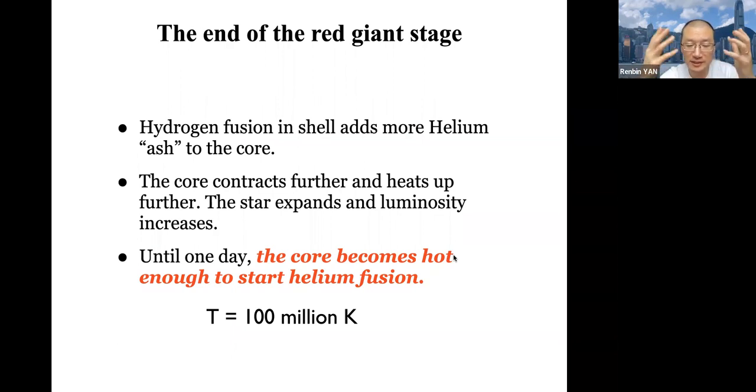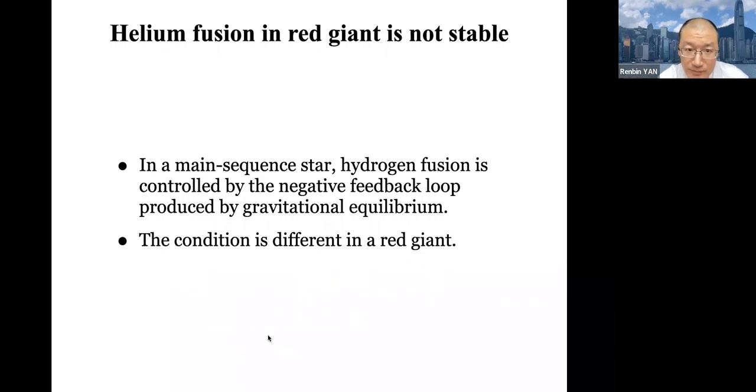And it causes the star to expand and luminosity increases, as we have talked about already, and goes up that track until the point when the core becomes hot enough to start helium fusion. And helium fusion requires a much higher temperature than hydrogen fusion. Hydrogen fusion requires 10 million Kelvin, but helium fusion will require 100 million Kelvin.